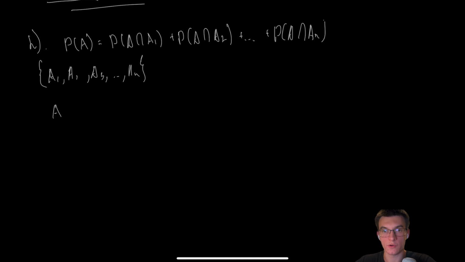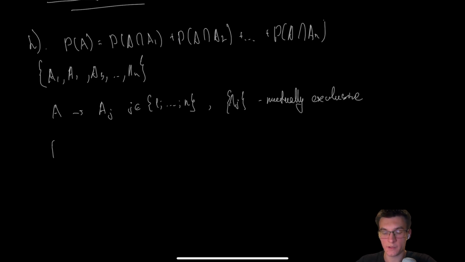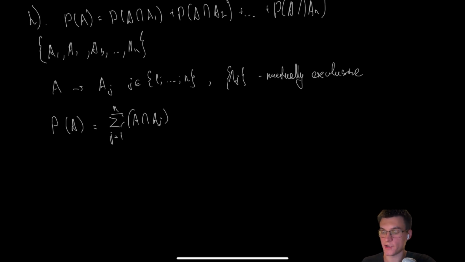So if A occurred, that means one of the events Aj occurred, where j is a number from 1 until n, and the Aj are mutually exclusive. Mathematically, it can also be written as the summation of P of A intersection Aj, where j takes values from 1 until n, and it can also be shown with Euler diagrams.